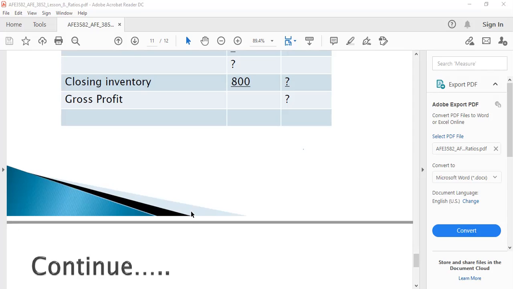There are actually a lot of ratios that you are asked to prepare. So if you can go through those videos, let me just check, because there are still some slides. I don't know what they are for. Lesson 9 ratios.